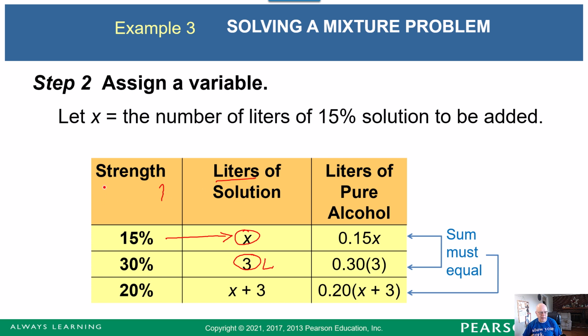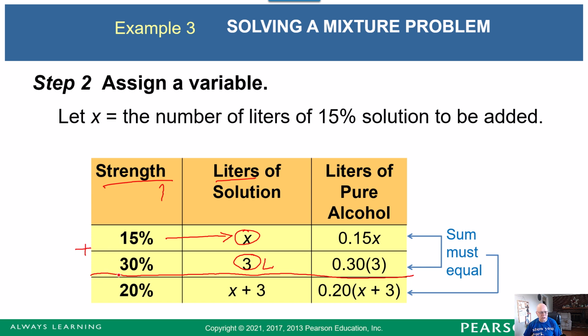And these are the liters. This is the strength. This is almost like a distance, rate, time problem in a way, but it's different too. Now, one thing I might do here is that you've got the 15% and 30%. What's down here at the bottom is this adding together of these two.